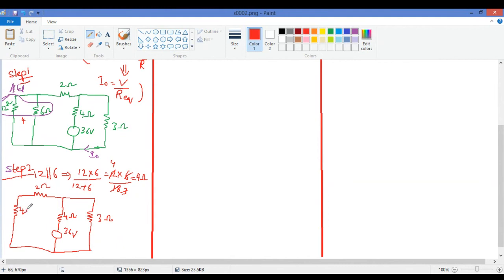So this is 4 ohms. But again, you might have observed that this 2 and 4 are in series. So I can replace it with 6 ohm.